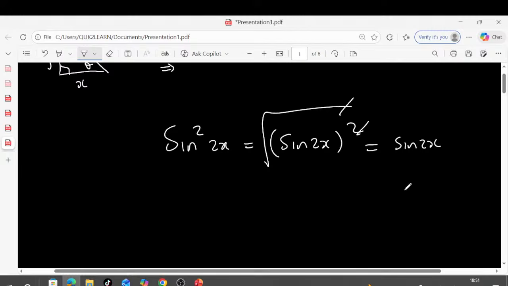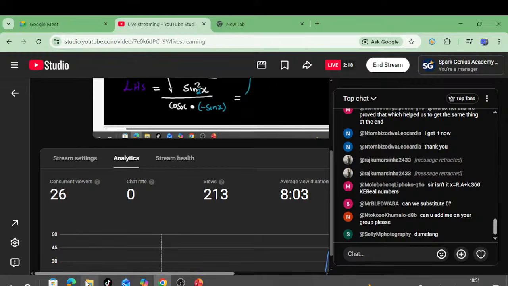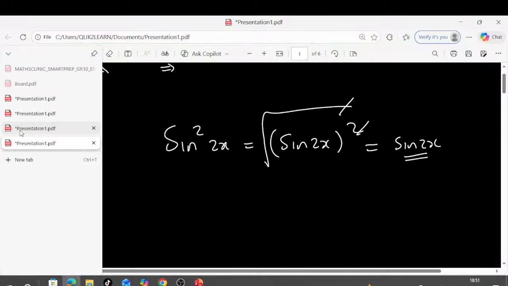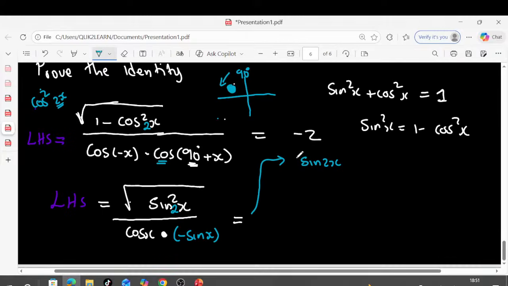So what I'm going to do is that I have this. What's next? I can say that this is equal to sine x, which makes sense. You understand why. So the top part, I'm just going to write it as sine 2x. What about the bottom part? On the bottom, I have negative cos x times sine x.